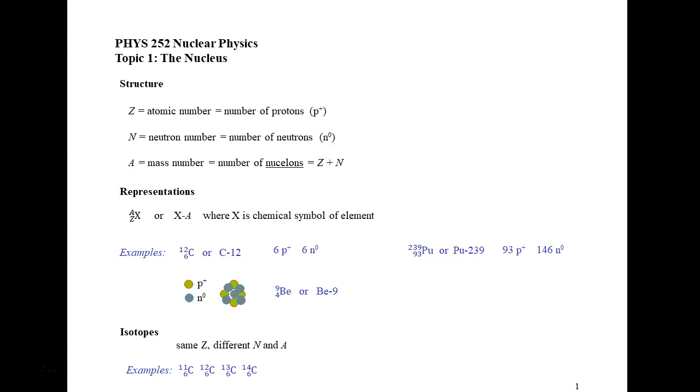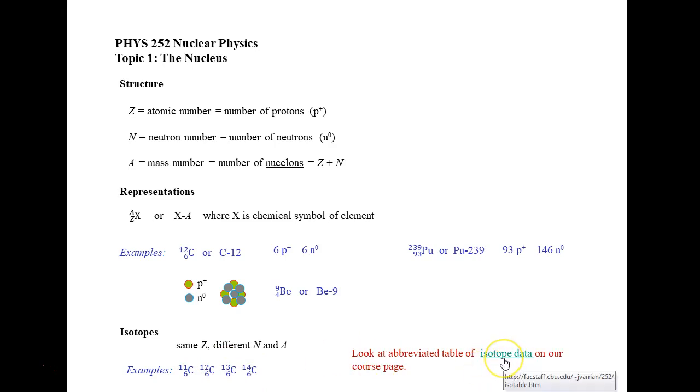We'll look at those when we look at this isotope data table in just a sec. But as an example, here are some isotopes of carbon. You can see all of these carbon nuclei have 6 protons, but they have different numbers of neutrons. So carbon 11 has 5 neutrons, carbon 12, 6, carbon 13, 7, carbon 14, 8.